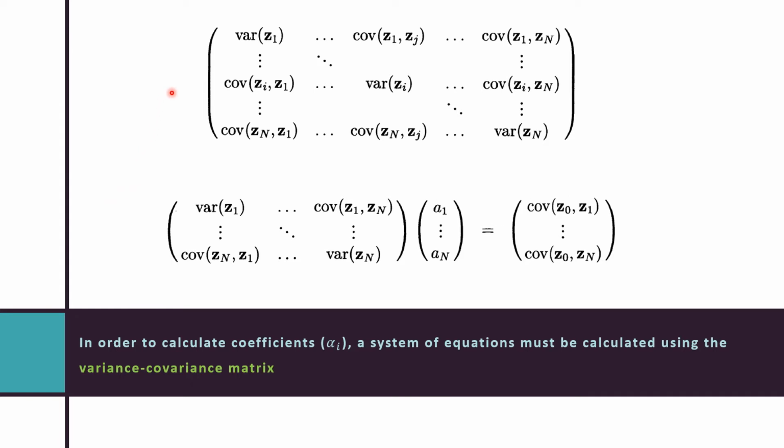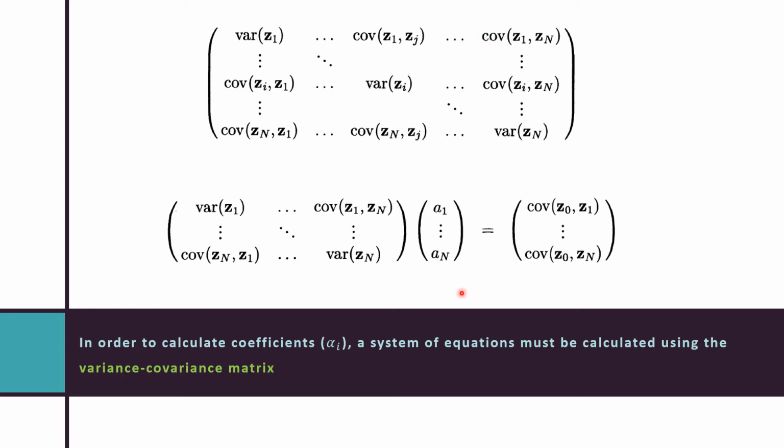So imagine if we have n variables that we're trying to use to make a regression of our variable of interest, which in this slide is defined as z0. So if we put the covariances between all the n variables together in a matrix, it will look something like this. Of course, the diagonal of that matrix will be the variances of the variable, and the other cells are filled with the covariances.